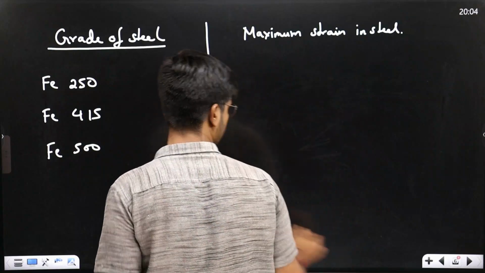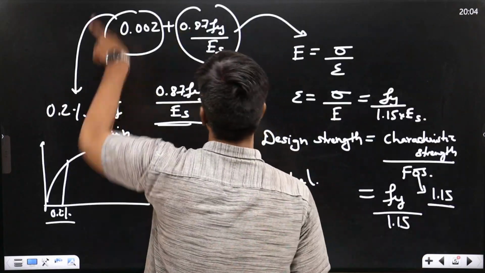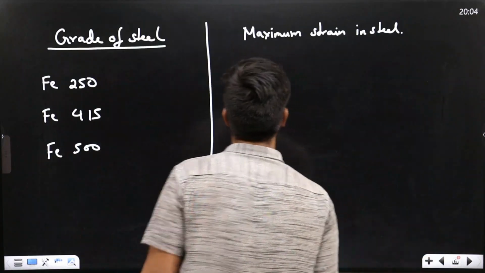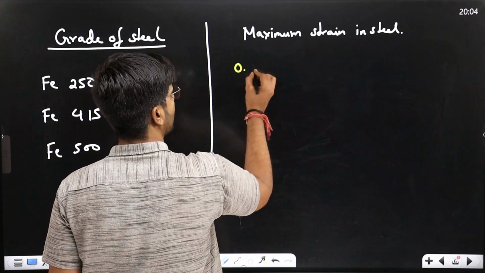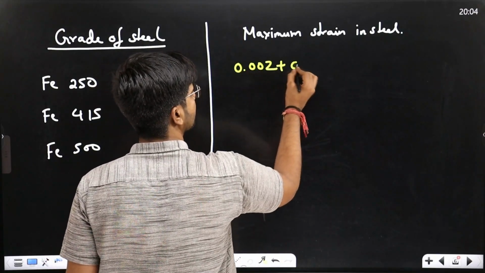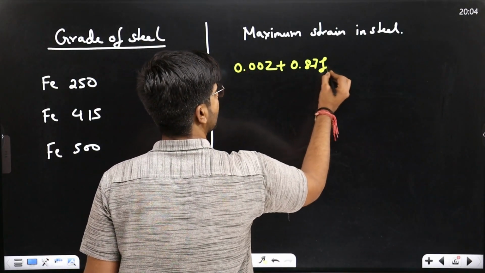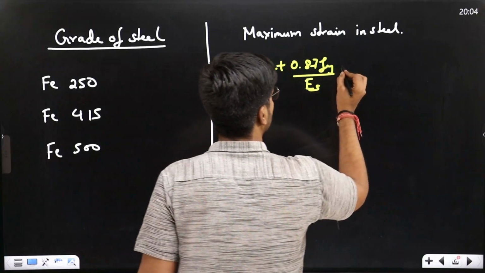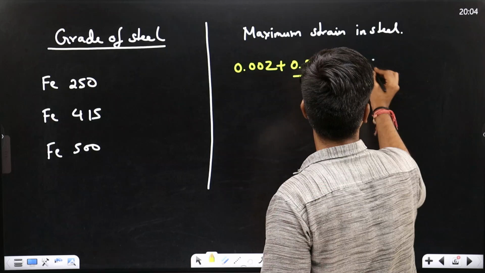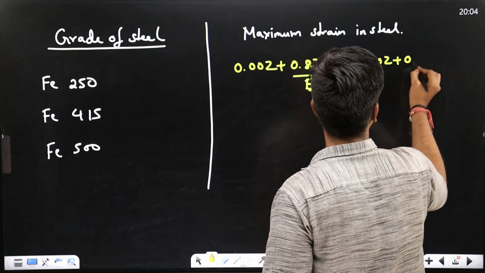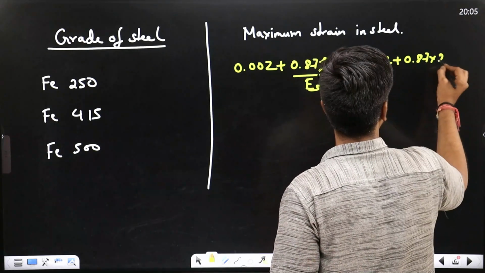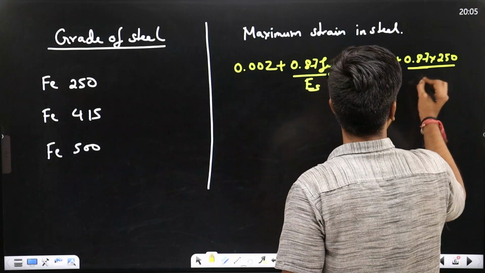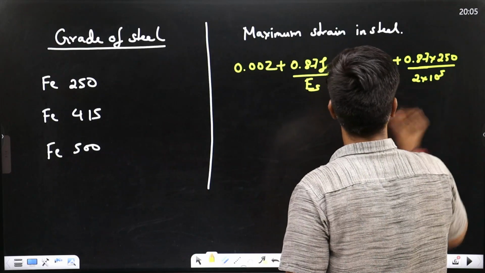What is the formula? Now you know the formula: 0.002 plus 0.87 Fy upon Es, and you put in the value: 0.002 plus 0.87 into 250 upon 2 into 10 to the power 5.